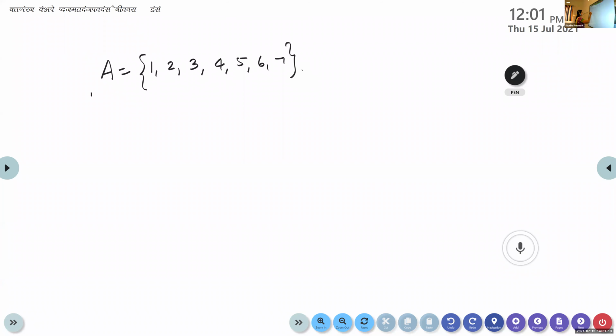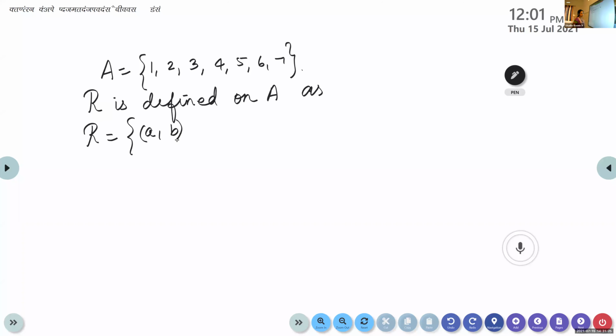Let R be a relation defined on A as R is equal to the set of all ordered pairs (a, b), where a is equal to b plus 1, where a, b belong to A.